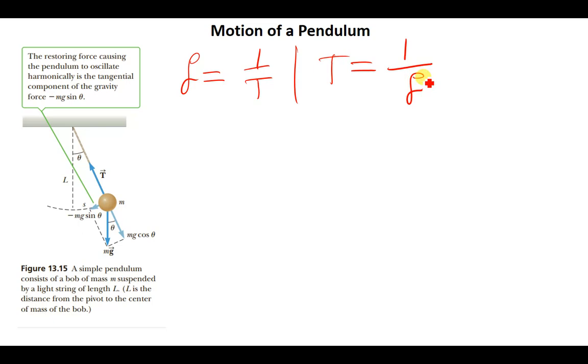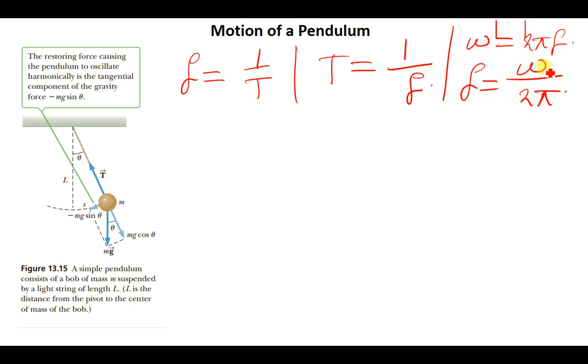Let me write the formula first. We said angular velocity is equal to 2 pi f, meaning the frequency can also be written as the angular velocity over 2 pi. That is the frequency.